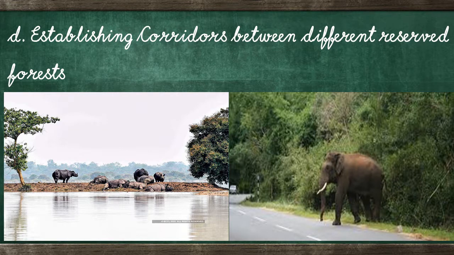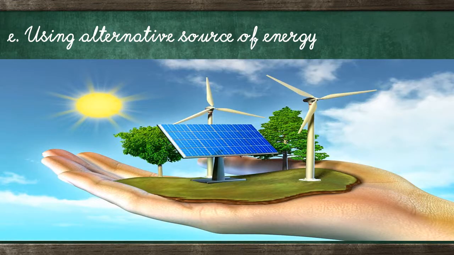Next is establishing corridors between different reserve forests. Wide corridors should be established in different reserve forests to allow the migration of wild animals. This will also help numerous species of animals to use these corridors for their dispersal and migration. Next is using alternative sources of energy.